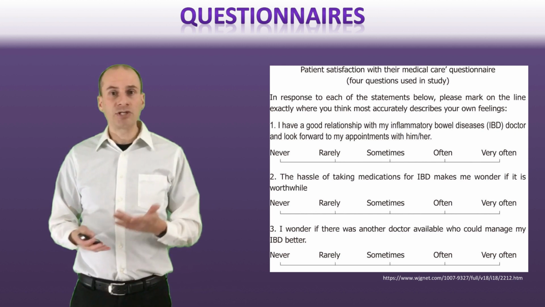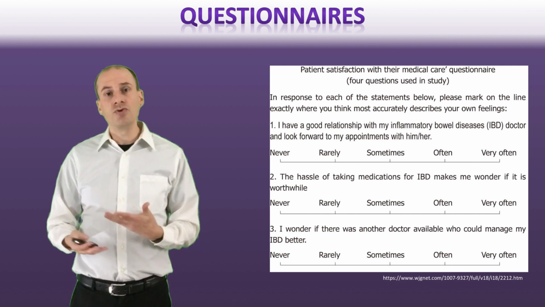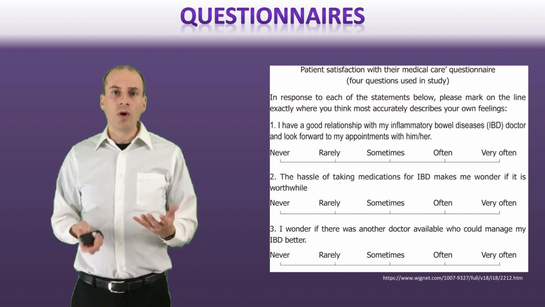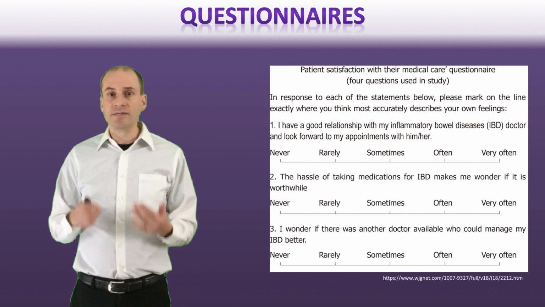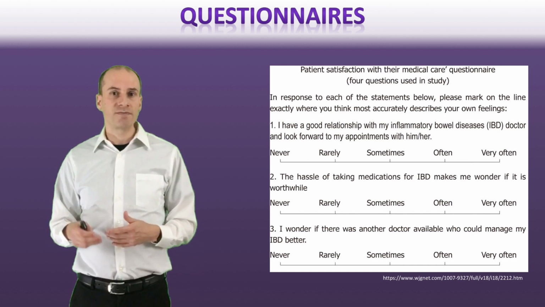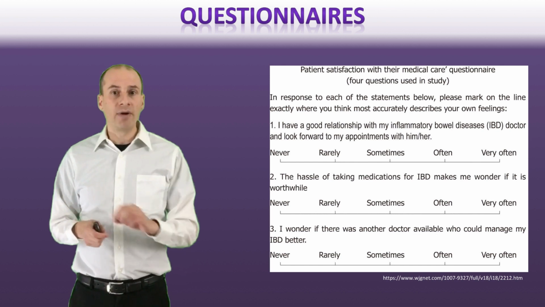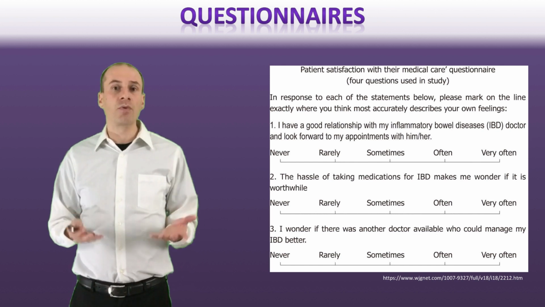You're asking a set of questions about different things that are of interest to you as a researcher. Now, questionnaires may sometimes be just single items that ask about different elements of people's experience. And any of us could go out and just write up a questionnaire about things that we're interested in.